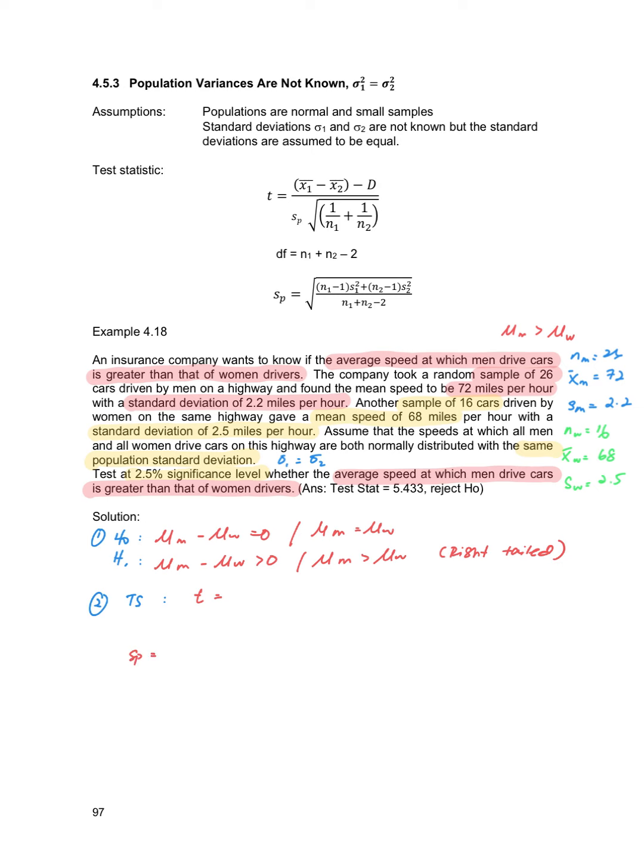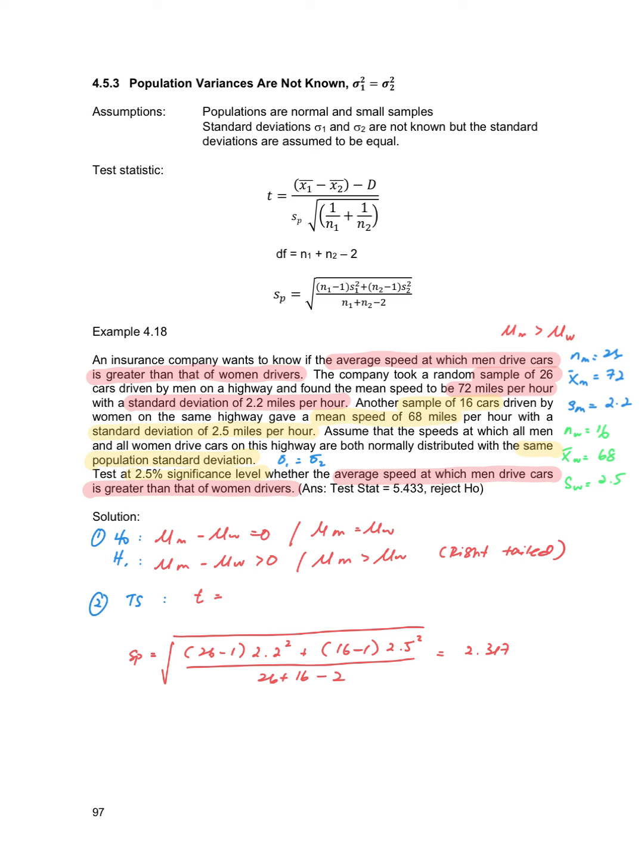Pooled standard deviation dia adalah square root of n1 minus 1, 26 tolak 1, times s1 squared, 2.2 squared, plus 16 minus 1 times 2.5 squared, over 26 plus 16 minus 2. So we will get the pooled value is 2.317.